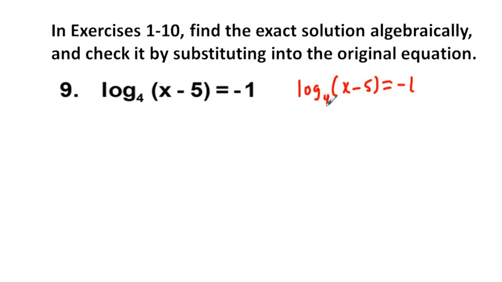So 4 to the power of negative 1 equals, we bring this x minus 5 over on the right side, equals x minus 5. So it's kind of like we're doing a little bit of a diagram here. This negative 1 comes over here and becomes the power of this 4 here, and this x minus 5 just goes over to the other side of the equal sign. So that's conceptually what we're looking at.